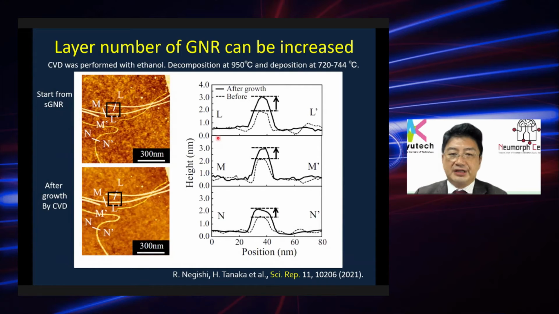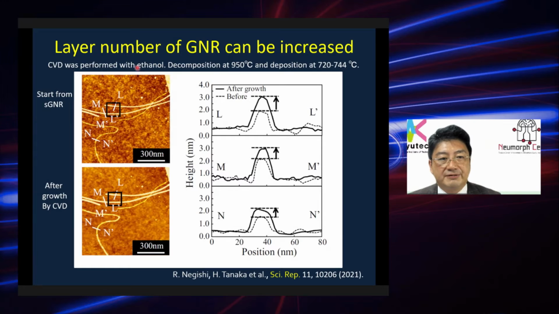And this is an AFM image of single layer graphene nanoribbon. By using the CVD method, we can increase the number of graphene nanoribbon layers, and it can be controlled.